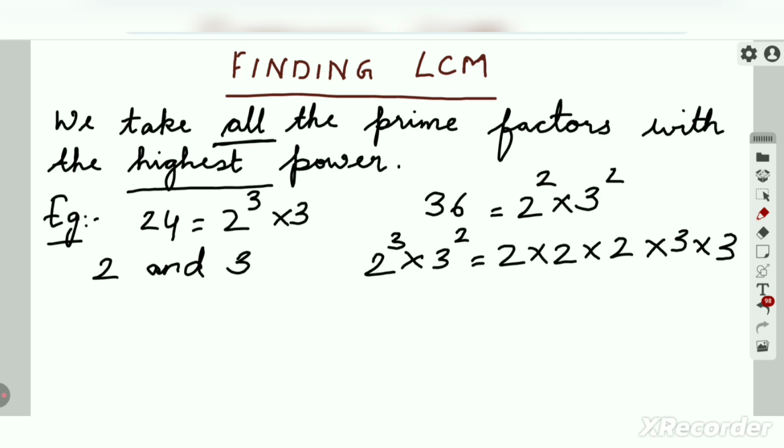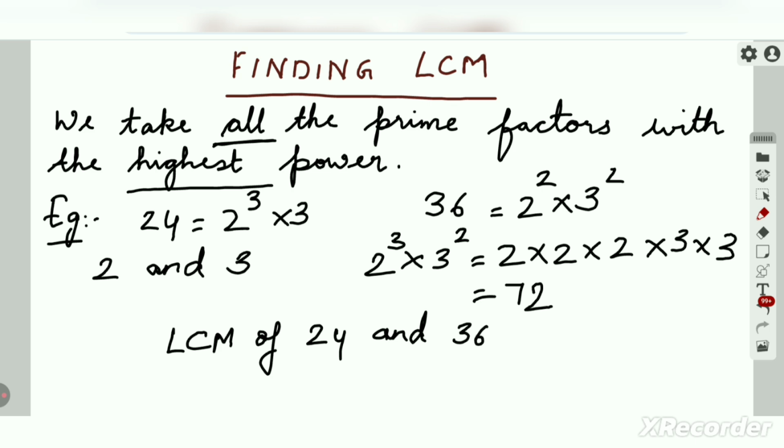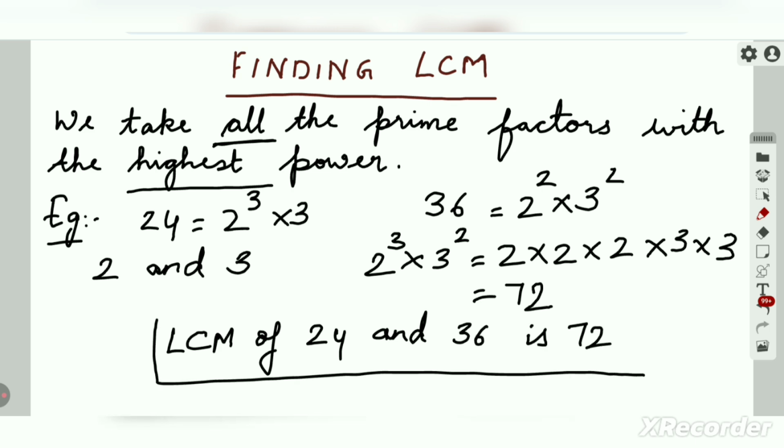When you multiply, you'll get the answer as 72. So the LCM of 24 and 36 is 72. So this is how we find out the HCF and LCM of two given numbers using the prime factorization method.